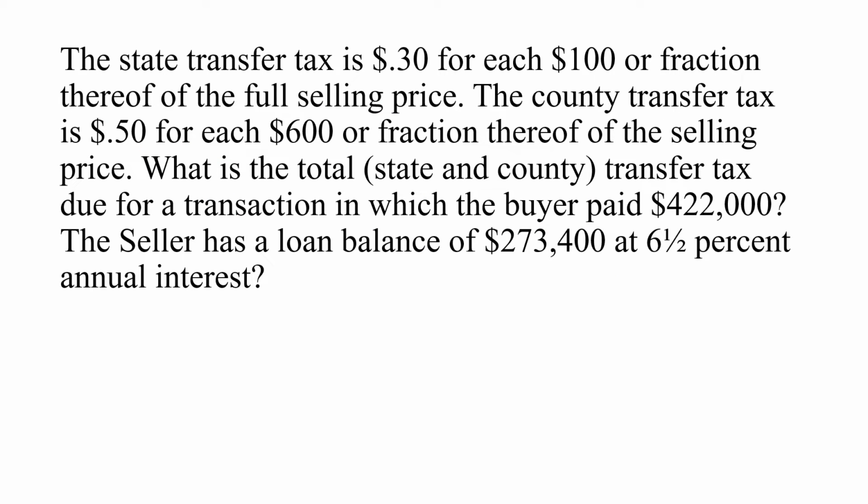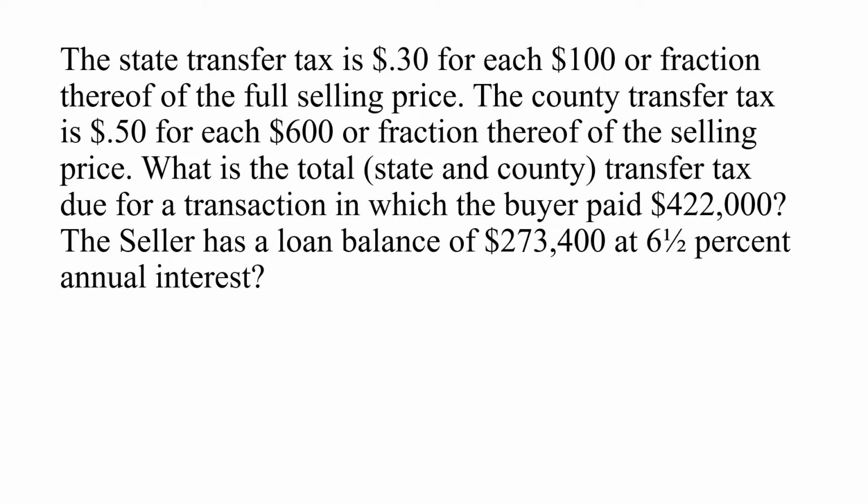The state transfer tax is 30 cents for each 100 or fraction thereof of the full selling price. The county transfer tax is 50 cents for each 600 or fraction thereof the selling price. What is the total state and county transfer tax due for a transaction in which the buyer paid $422,000? The seller has a loan balance of $273,400 at 6.5% annual interest rate.